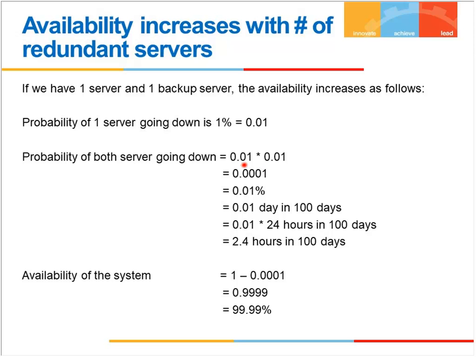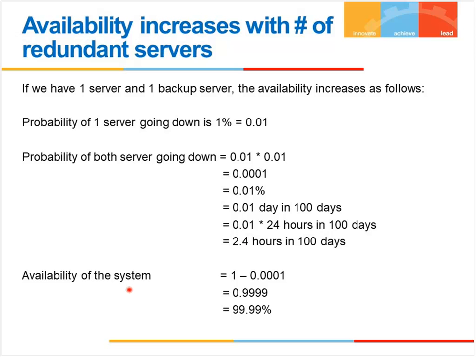So 0.01 into 0.01 is 0.0001, which is nothing but 0.01%. That is 0.01 day in 100 days, which is 0.01 into 24 hours in a day. So that is 2.4 hours in 100 days.